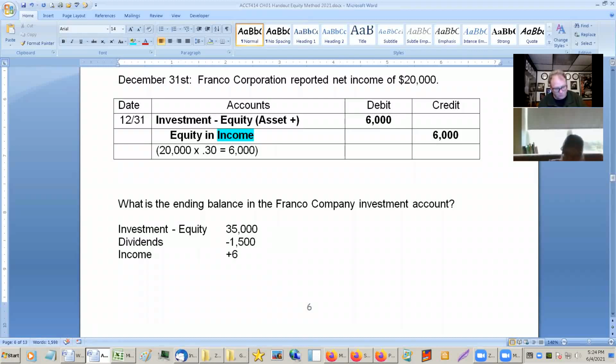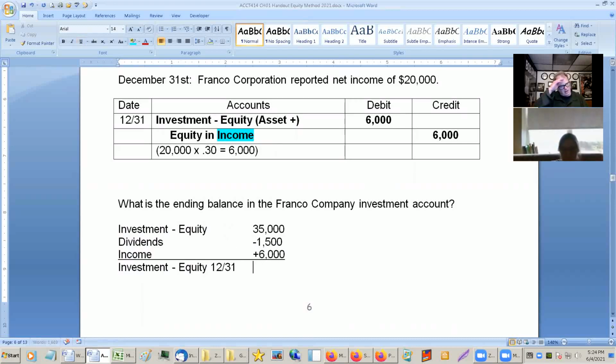Add that in. All right. Well, that is 35,000. $89,500.